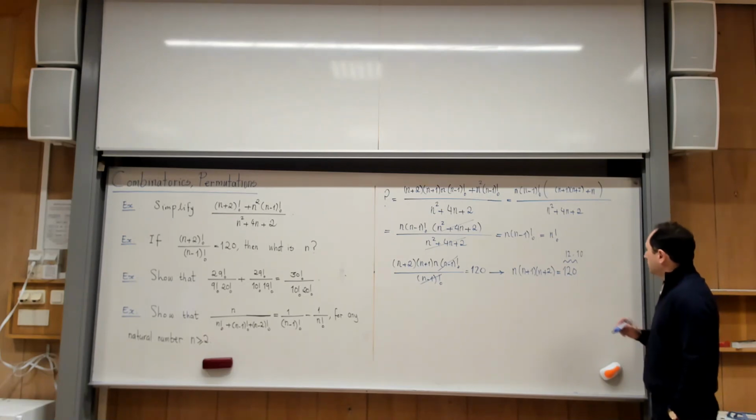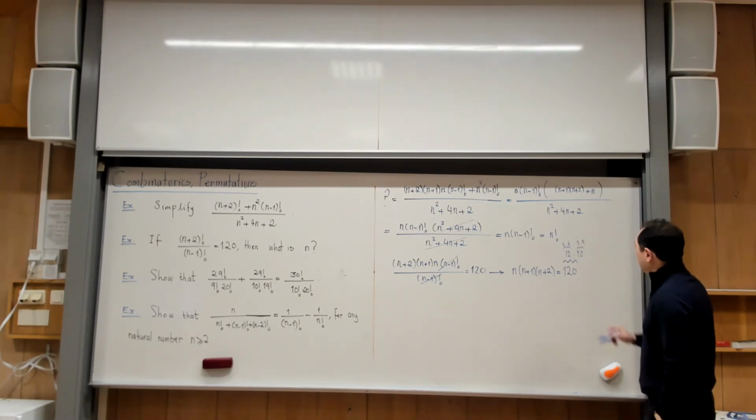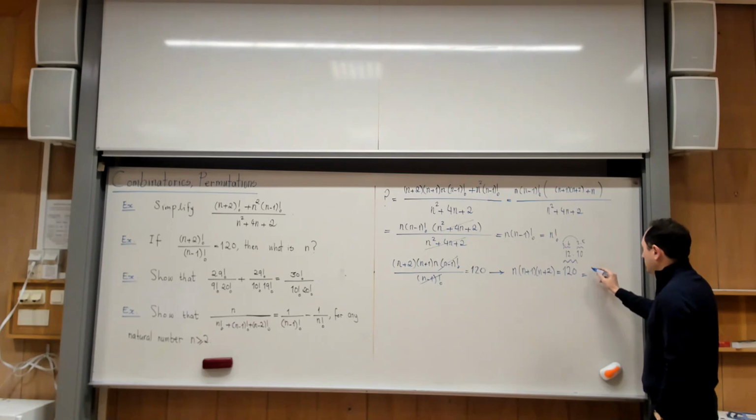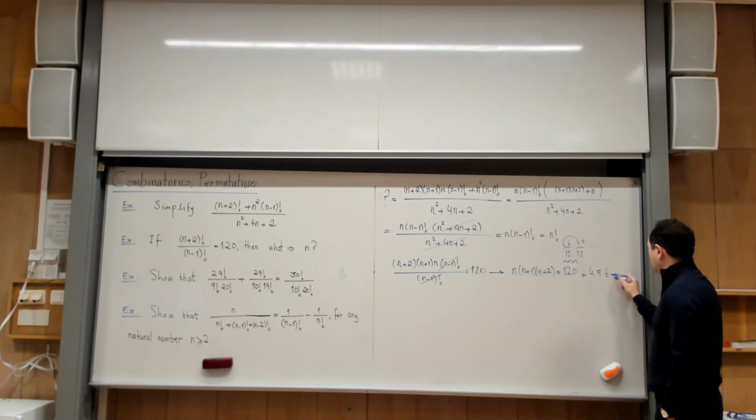So this becomes 2 and 5, and this becomes 2 and 6, and then suddenly you see that these 2 and that 2 become 4, and then 4, 5, 6 appears. Anyway, any way that you can convince yourself, that is 4 times 5 times 6. And if you compare them, as Martin mentioned, n is equal to 4.